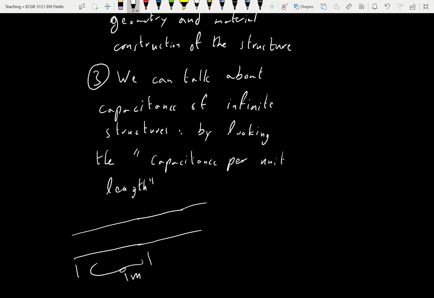That's how we handle infinite structures. Although, intuitively, if we have an infinite structure, it will have an infinite capacitance. That's not a useful metric. What's a useful construct is to talk about the capacitance per unit length of that structure.